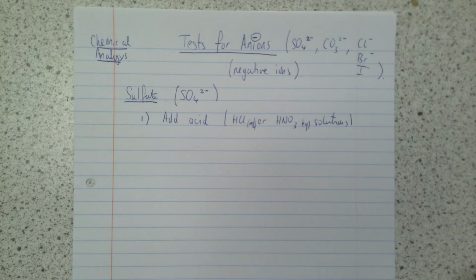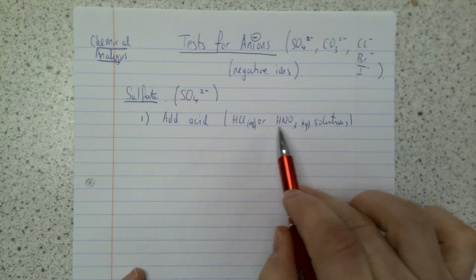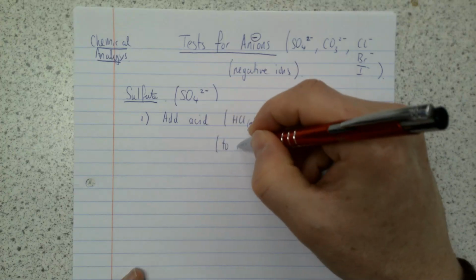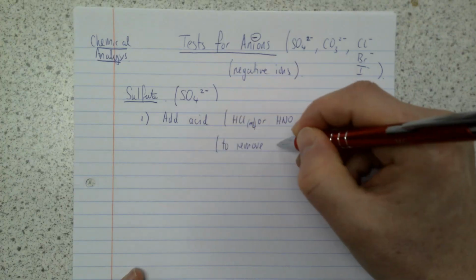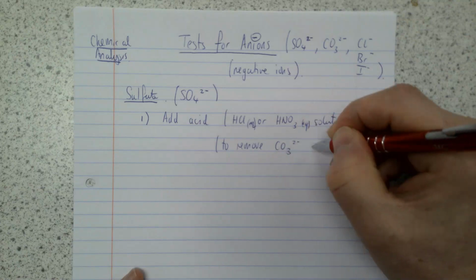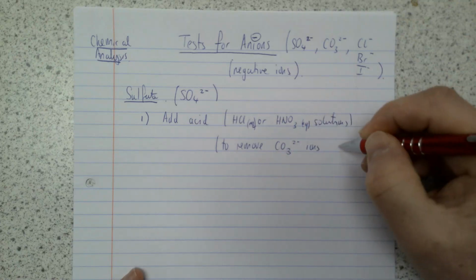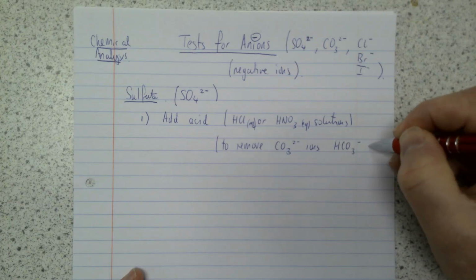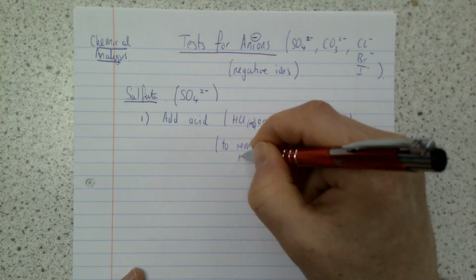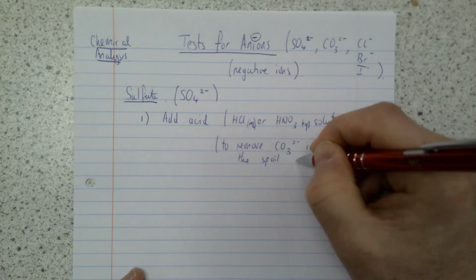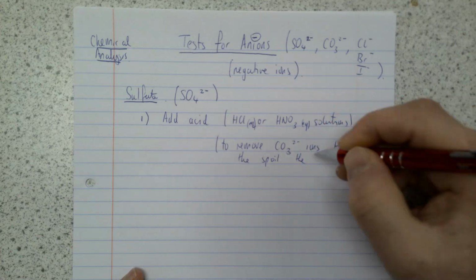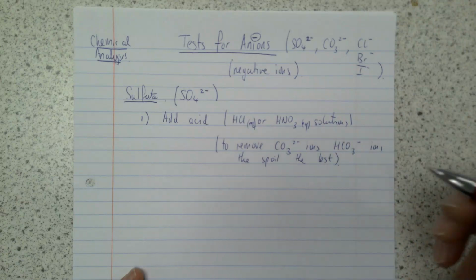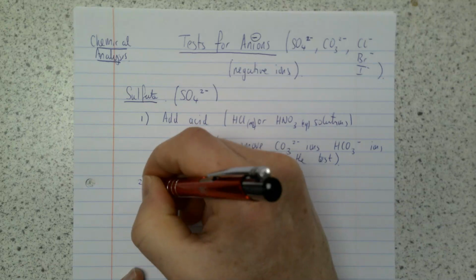Now, you don't need to know that in detail, but you do need to add the acid to remove any carbonate ions or possibly hydrogen carbonate ions that spoil the test. What the acid does is it reacts with them and gets rid of them. Right, so once you've added the acid, the test is ready to do.